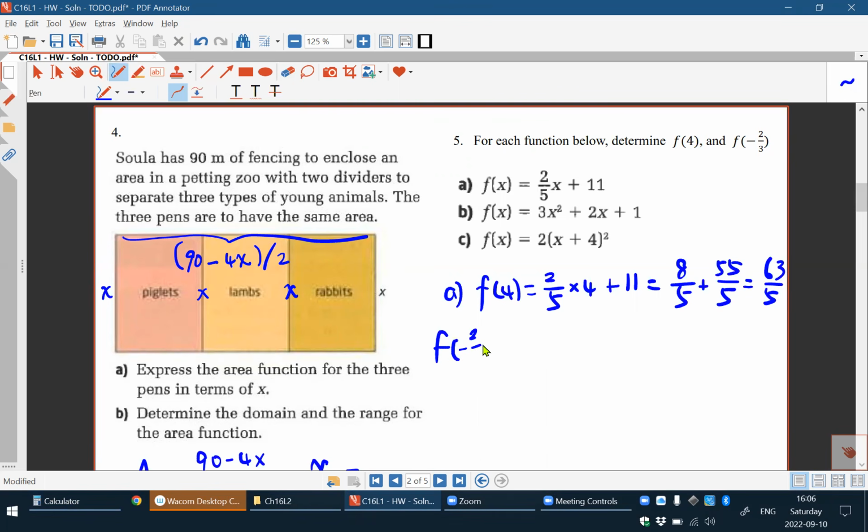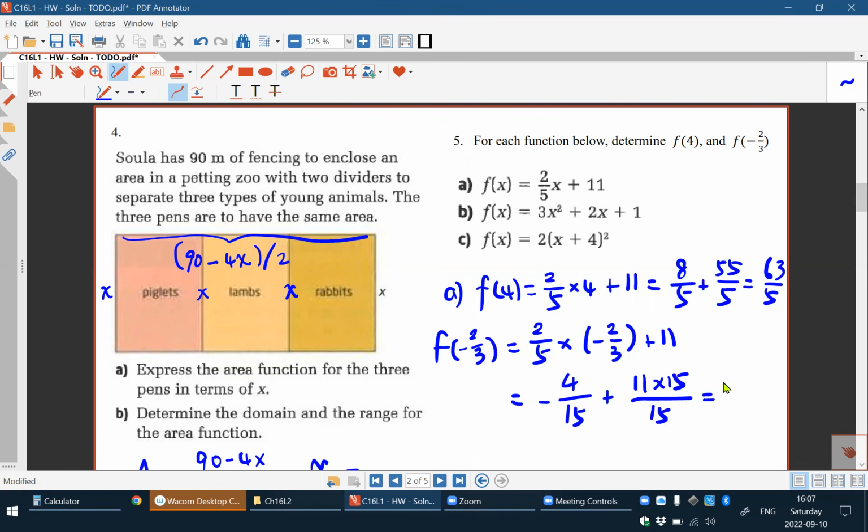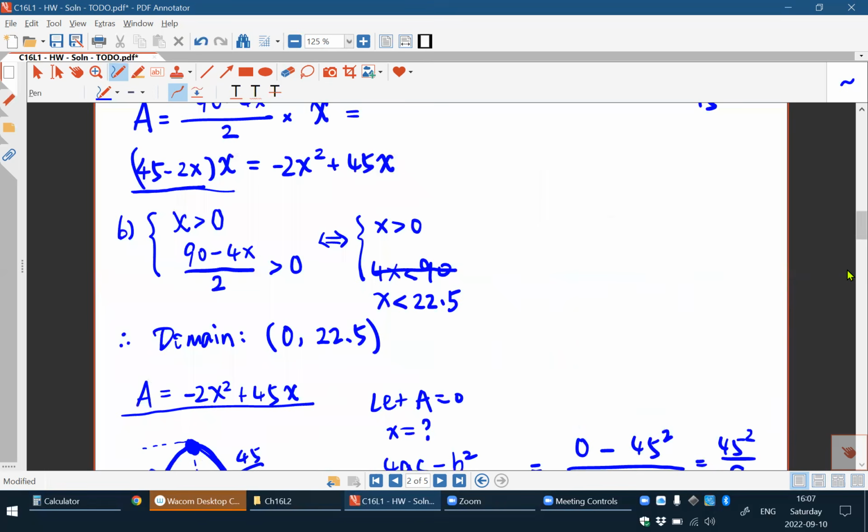And f(-2/3) is 2 over 5 times -2 over 3 plus 11, which is -4 over 15 plus 11 times 15 over 15, which is 165 minus 4 over 15, which is 161 over 15, right? So just put this number in the expression and you will find its image. I won't do the rest of the questions for you.